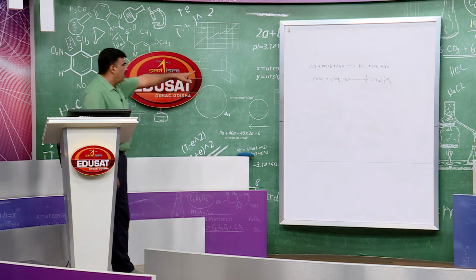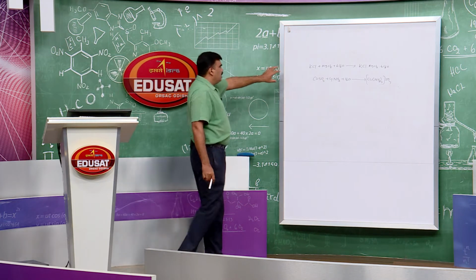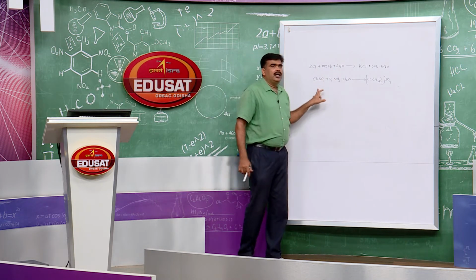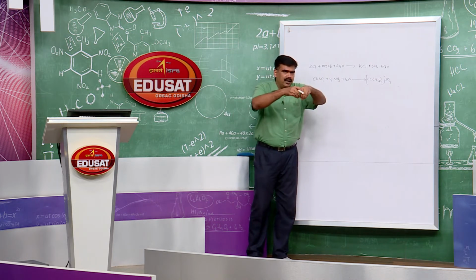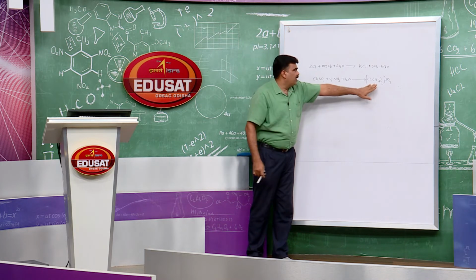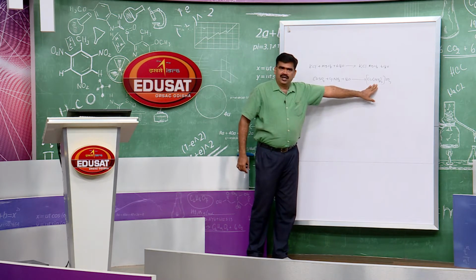Here you see copper sulfate and ammonia, not in equimolar ratios but in stoichiometric ratios. When they are mixed together and crystallized, we get this blue colour crystal.